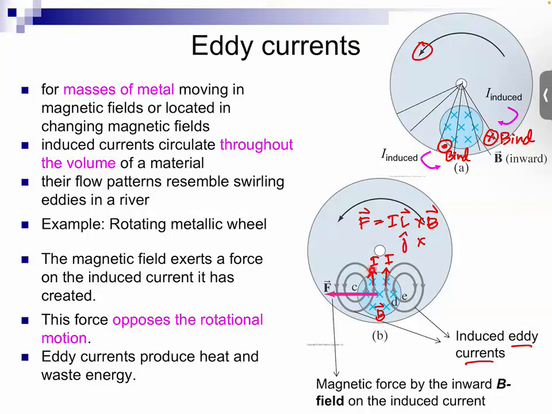The current is upwards here, so J hat crossed with the magnetic field, minus K hat, will give you minus I hat. So in essence, there is a magnetic force that is created to the left, pointing to the left. It will naturally oppose the motion of this rotating metal.